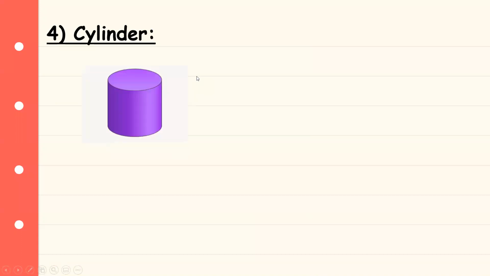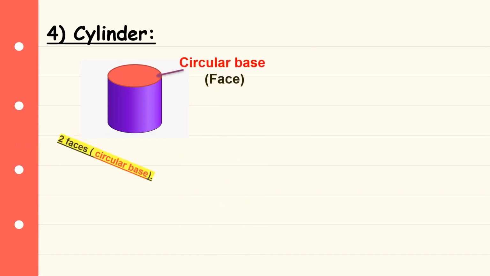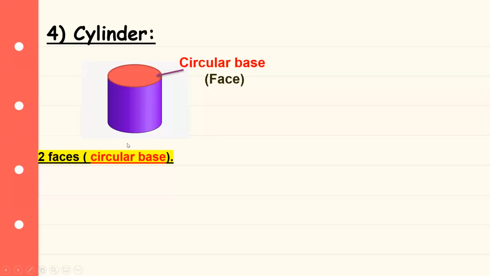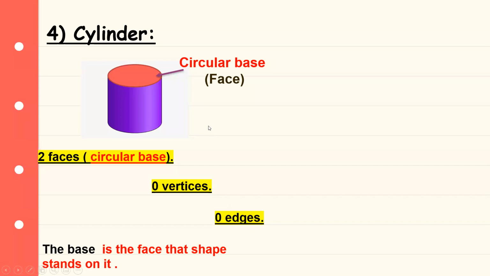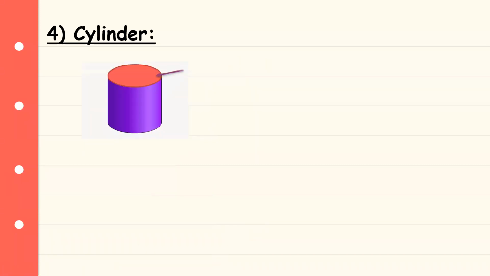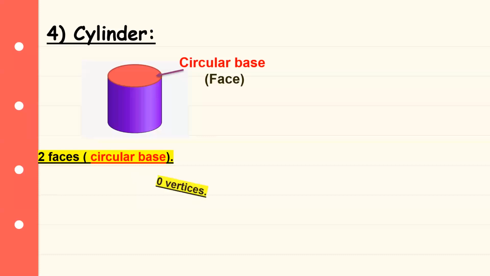Then let's take the fourth example. It's the cylinder, like the Pepsi can. How many faces does a cylinder have? It has circular bases, so there are 2 faces, one at the top and one at the bottom. We call them circular bases. And how many vertices? 0 vertices.